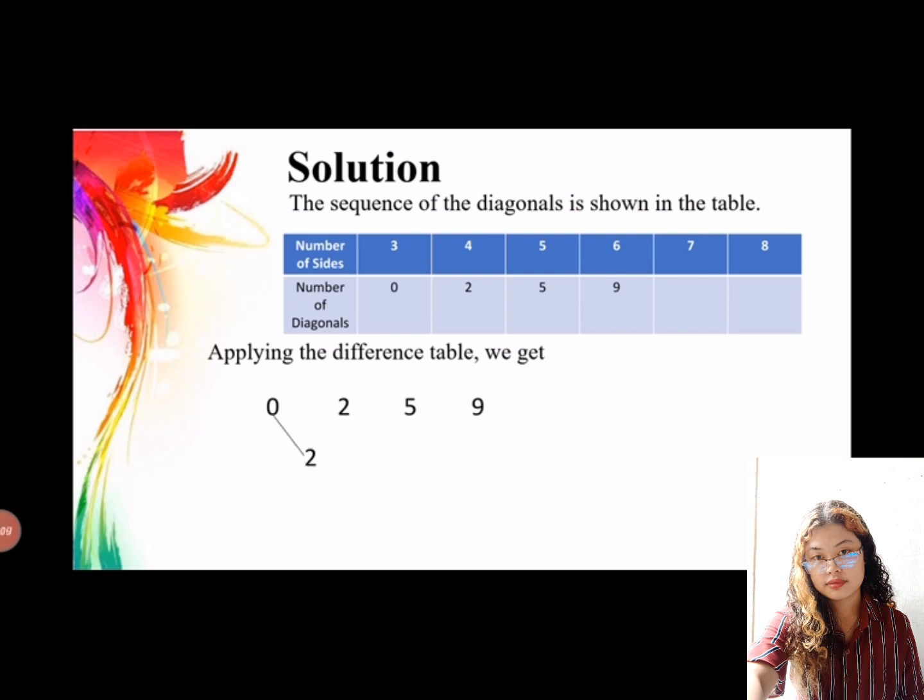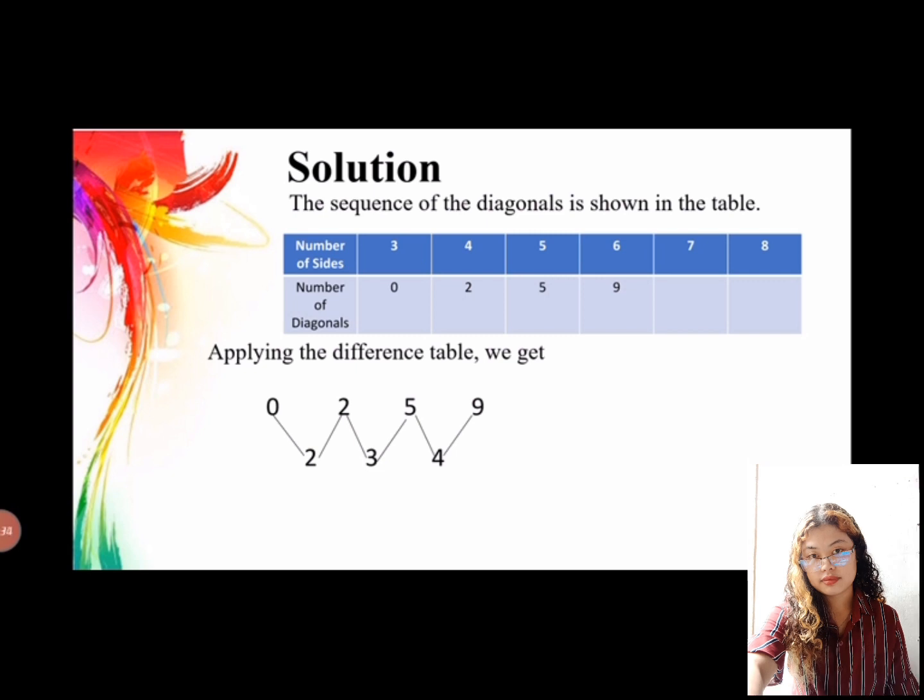Then we need to add a number to 2 to get 5, and the number is 3. And to get the next number, 9, we need to add 4 to 5. Now you can already see how we get the number of diagonals from the triangle to the hexagon using a sequence.